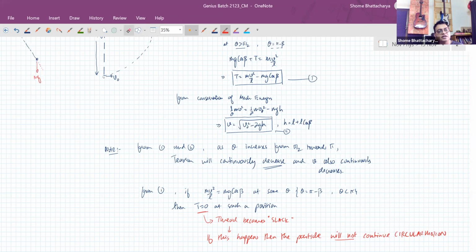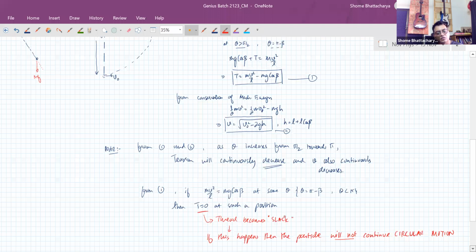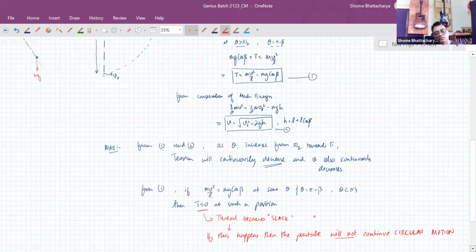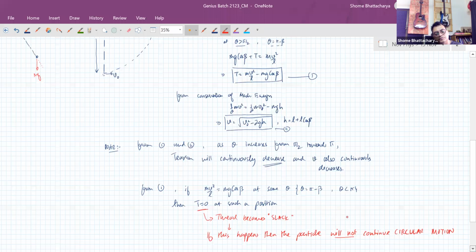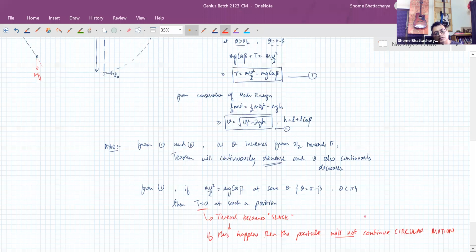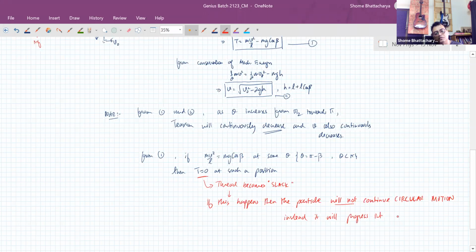Instead, it will be in a projectile free fall. It will not be in a vertical free fall because it has some velocity, but it will just be like a projectile motion from there onwards. It will progress into a projectile path.